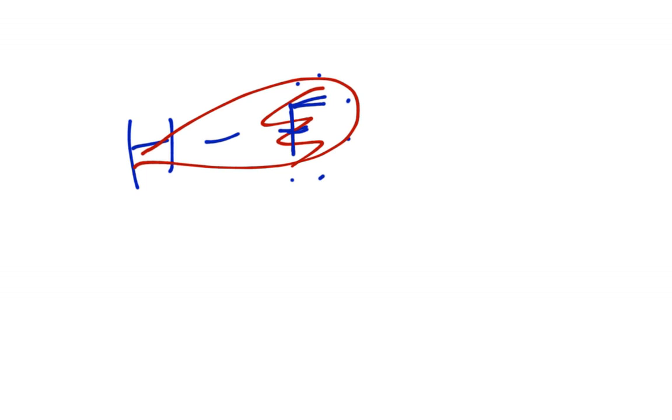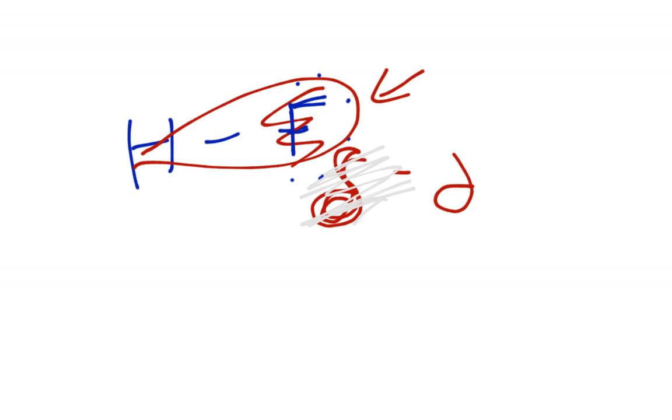Let me rewrite that F in here. We know that electrons have a negative charge, so this fluorine becomes negatively charged, and it's not a full negative, it's a partial negative charge, which we draw with this squiggly little line that we call a delta. That means it's not a whole negative charge, it's a partial negative charge.